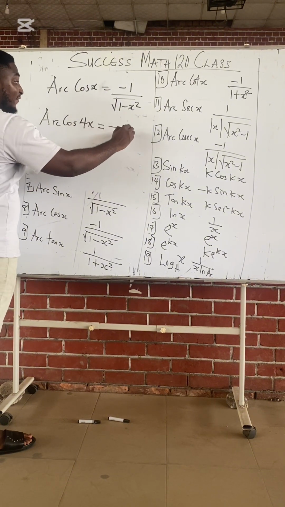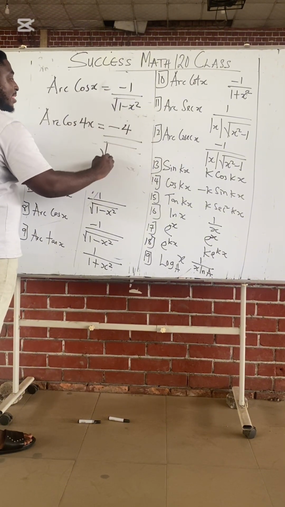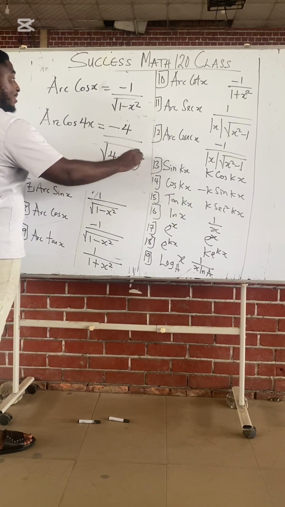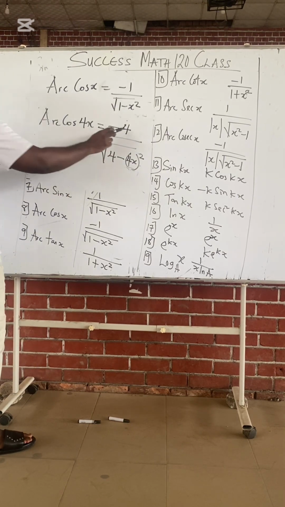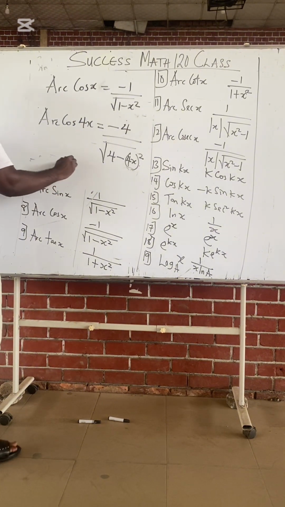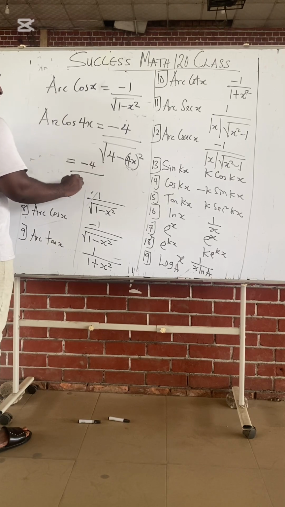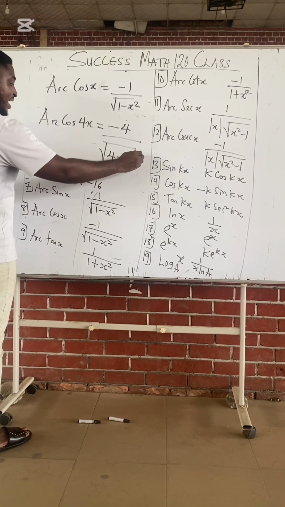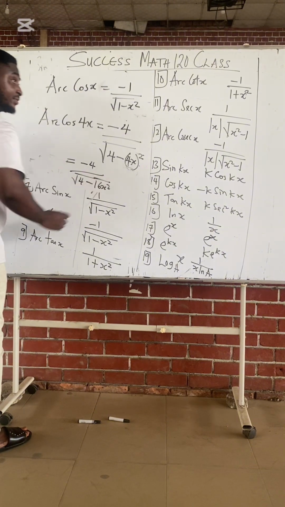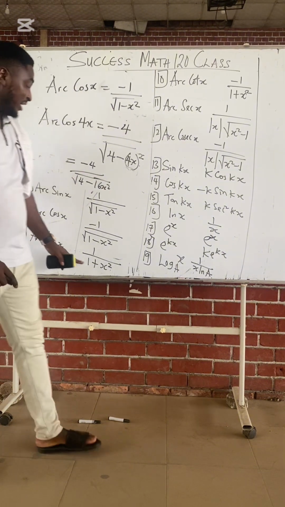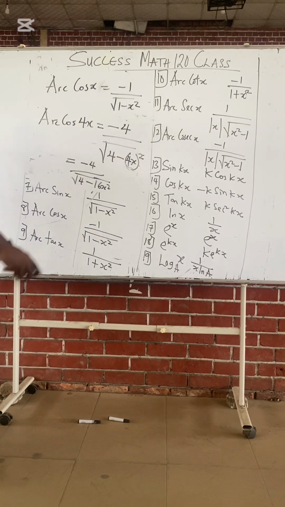Minus 4 over the square root of 1 minus 4x all squared, or minus 4 over the square root of 1 minus 16x squared, since 4 squared is 16. Class, use the same approach and deal with everybody here like this.